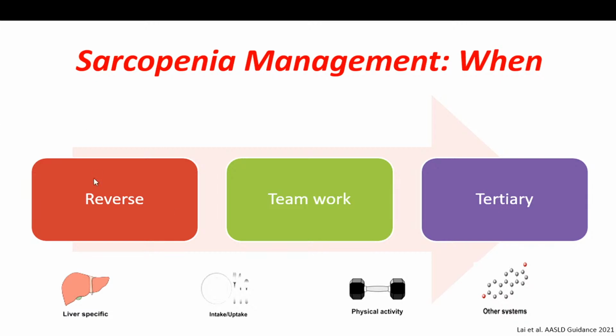So can you reverse that? Is there a concept of recompensation of sarcopenia, as there is of decompensation? As we are thinking about recompensation of cirrhosis, can sarcopenia be recompensated? You need to have a good team working on it and think about the same similar concepts which I have talked about.